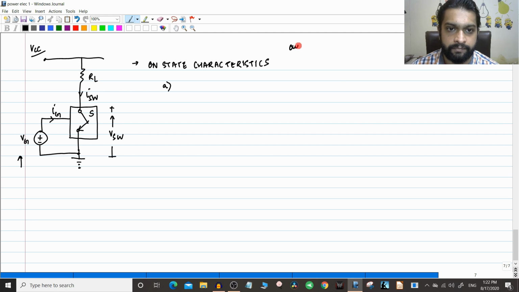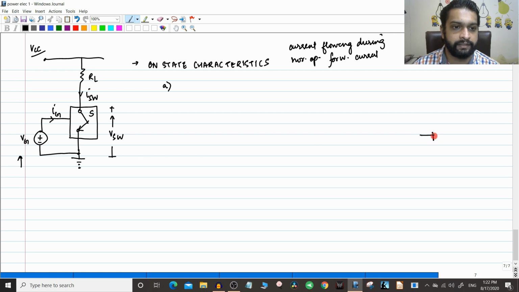The current flowing during the normal operation of a switch is called the forward current. For example, if you have a simple diode circuit here, this is the normal direction of the current, because the diode will only conduct in one direction.